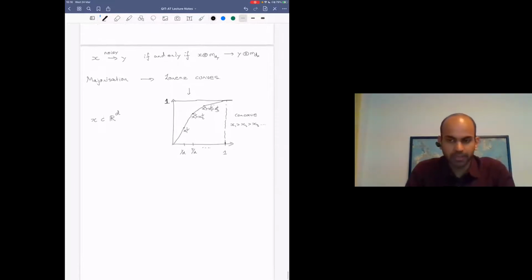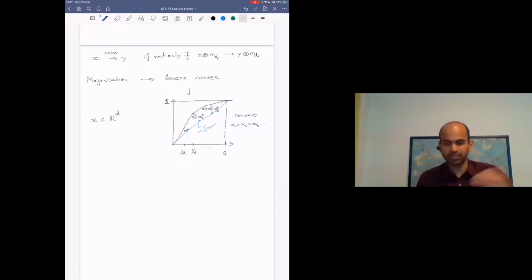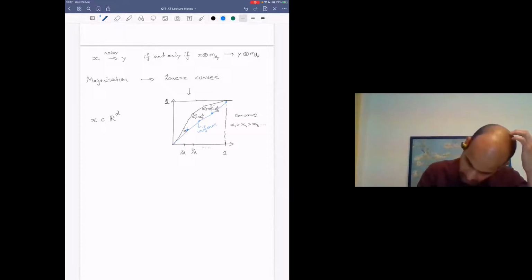Okay, so now the Lorenz curve on its own is equivalent to majorization for the same dimension, because if we have this as a Lorenz curve, and if we have another Lorenz curve, let's say the Lorenz curve corresponding to the uniform distribution, which is just a straight line. Because all of the probabilities are the same, you see that the Lorenz curve of the uniform distribution is below that of the other x that we chose.